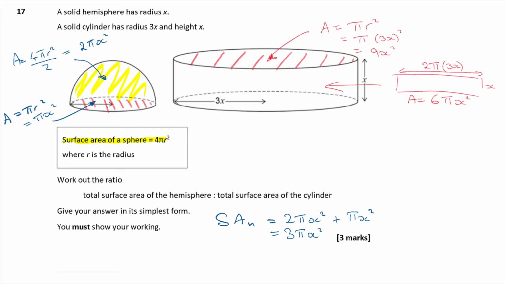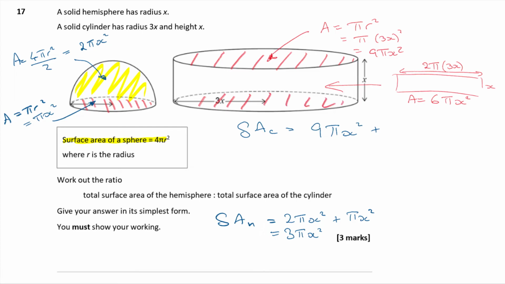Okay, so then the surface area of the cylinder is going to be the top circle. It's going to be the circular part. I just noticed I made a mistake when I wrote that down. I forgot to put the pi in. It's actually 9 pi x squared, isn't it? My mistake. So then adding all that up, that's 9 pi x squared plus the other circular base. It's got 2 circles, isn't it? It's that bit and that bit.